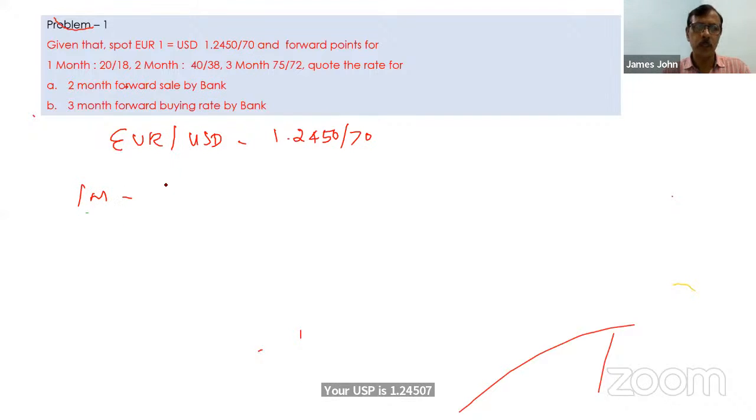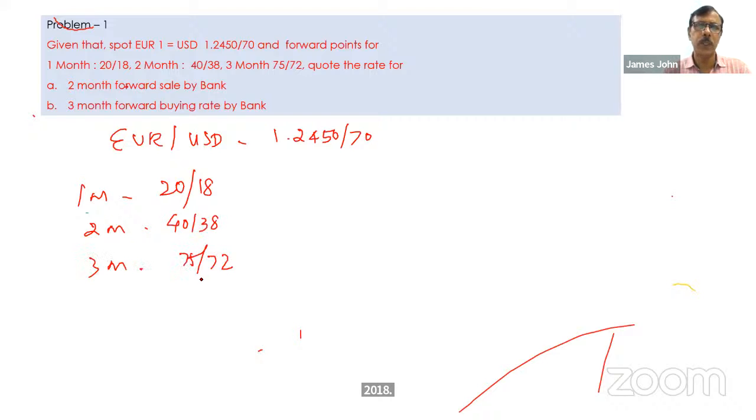And the forward points: 1 month 20/18, 2 month 40/38, 3 month 75/72. You have to calculate the forward rate for a 2-month forward sale by the bank.